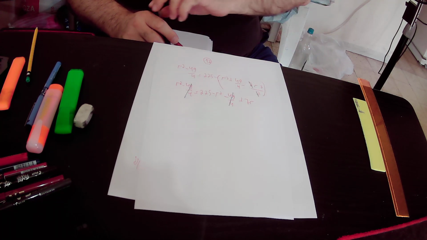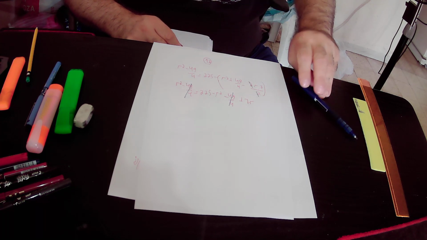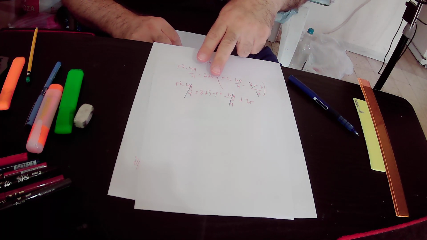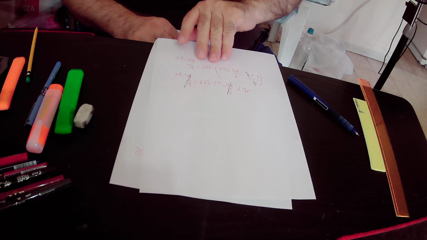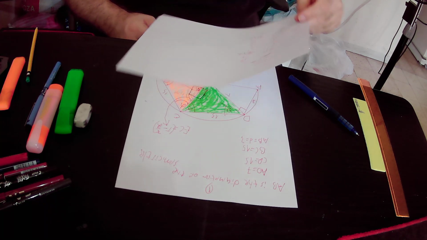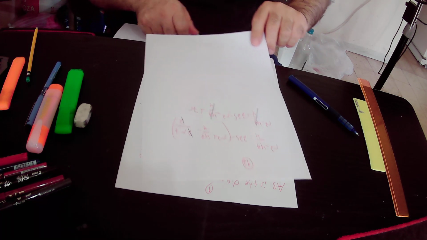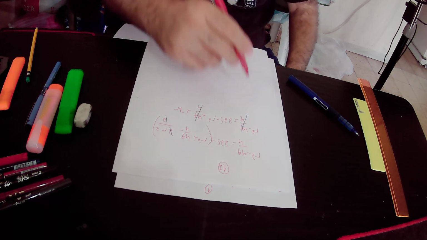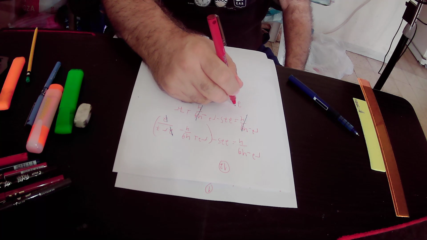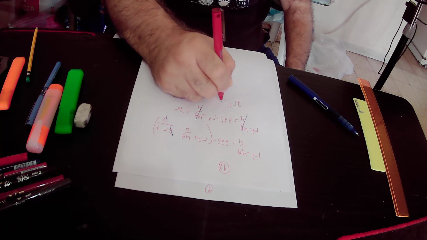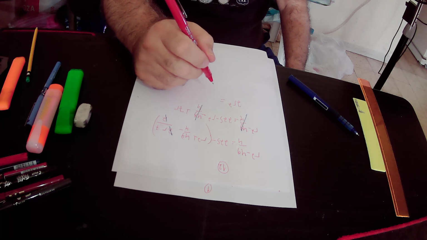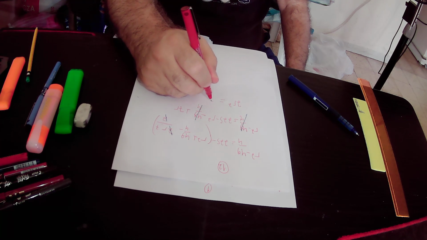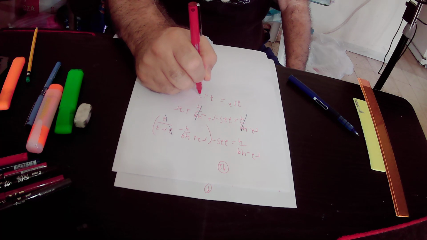So what is left? First of all we will add R squared to this equality, and we will get that R squared plus R squared is 2R squared, which equals 7R plus 225.